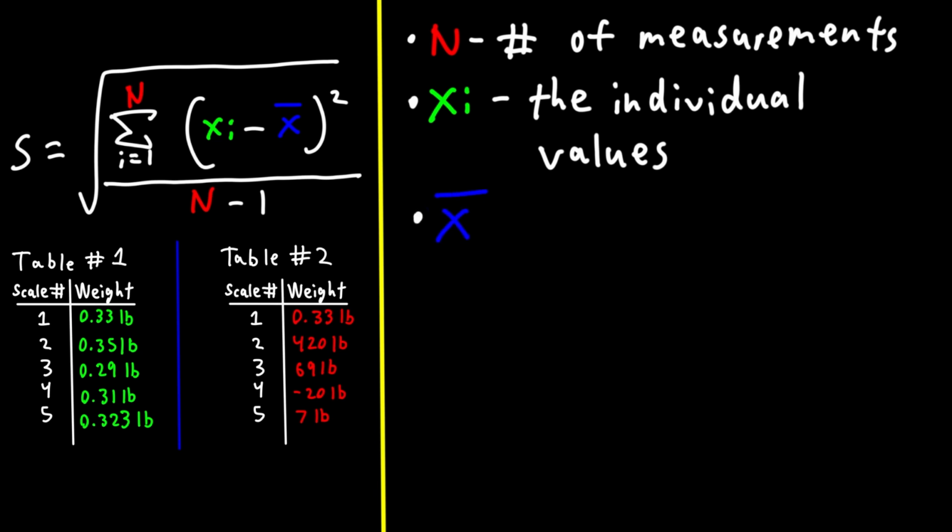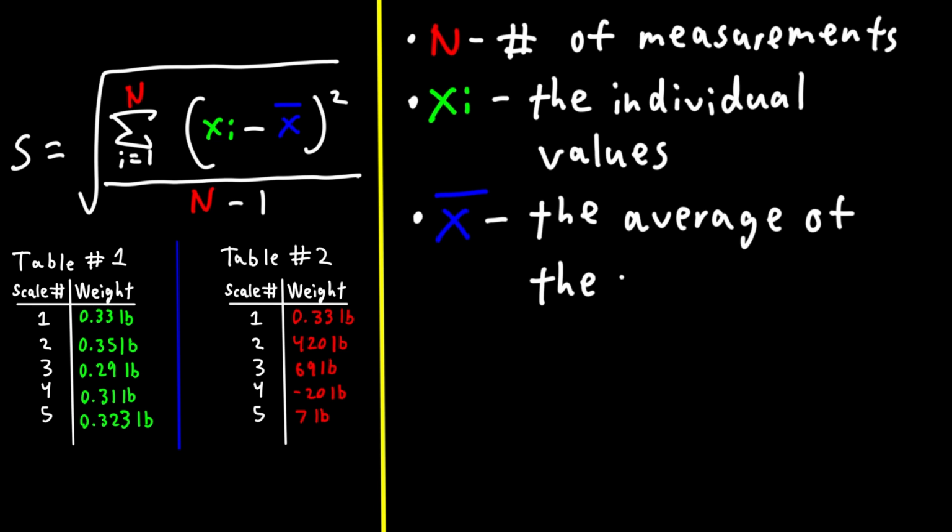X, with the line over it, represents the average of the measurements. Another word for average is just mean.